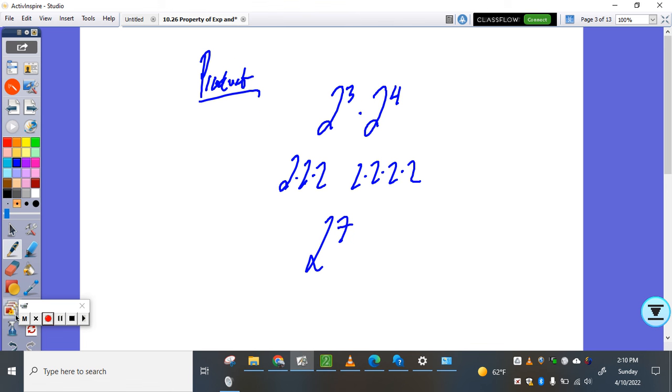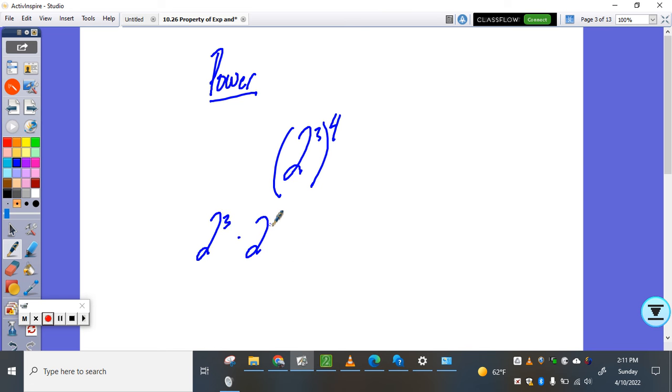Similar when we're looking at the power rule. So in the power rule, we're saying, okay, if I have 2 to the third and I raise that to the fourth power, then that's saying that I have 2 to the third times 2 to the third times 2 to the third times 2 to the third.